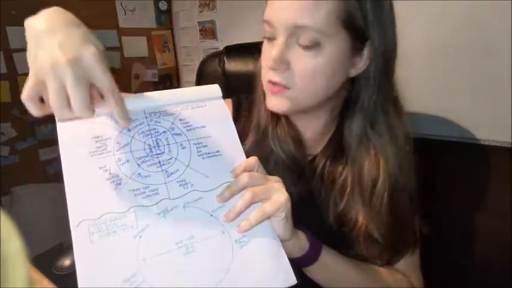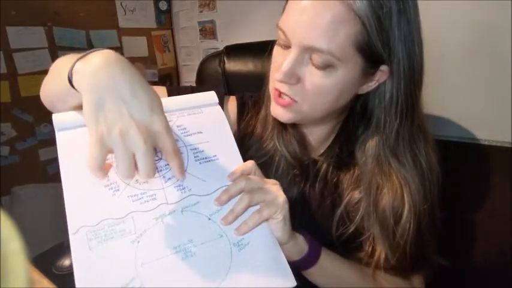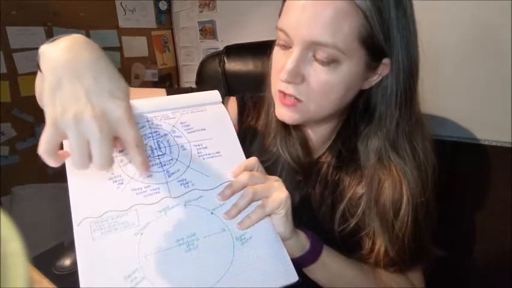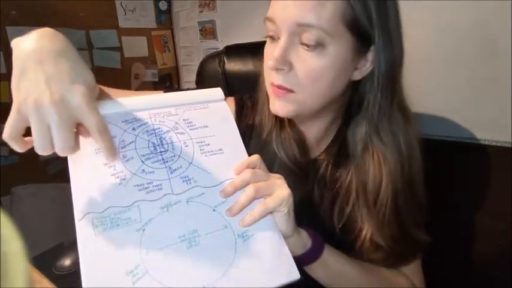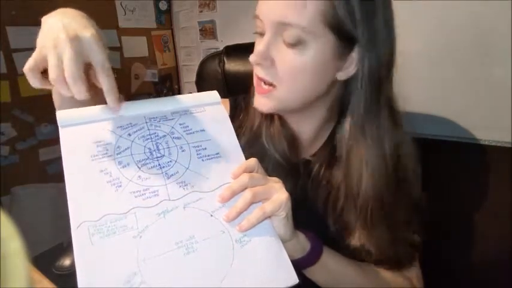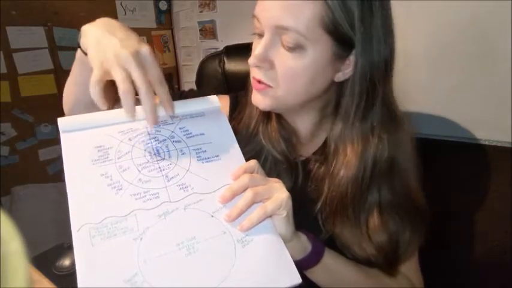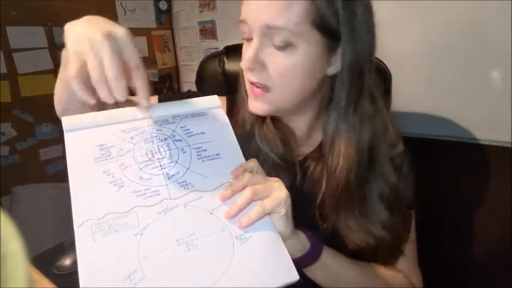As you move around the circle, the character wants something, they enter an unfamiliar situation, they adapt to that situation, they get what they wanted, but it comes at a heavy price, they return to their familiar situation having changed. On the inside part, the top half of the circle is the familiar world for the character, so you start in it and you also end in it.